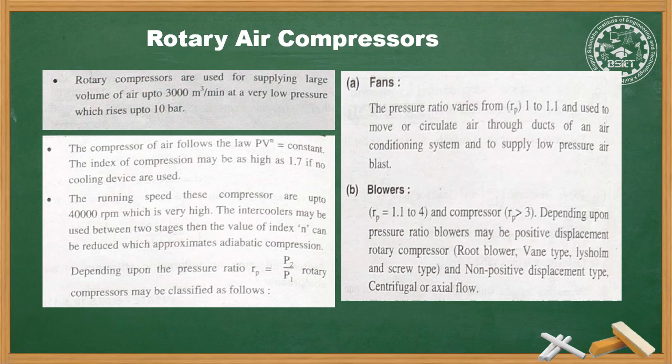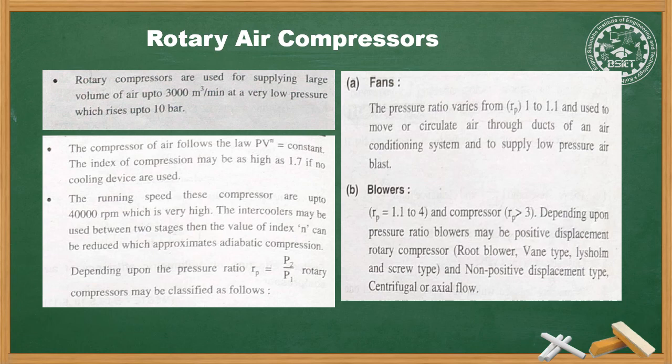Depending upon pressure ratio, blowers may be classified as positive displacement rotary compressors and non-positive displacement compressors, which we are going to study in the further session of this chapter.